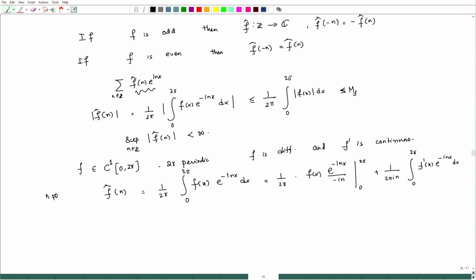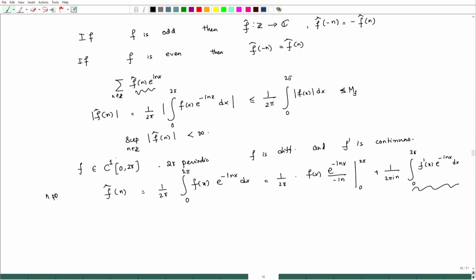Okay. Here, because f prime is a continuous function, this integral exists. That is why we are taking that it is in C 1, that means f prime is again a continuous function. Now, if we compute this, this is f of 2 pi; f is a 2 pi periodic function, and e to the power I n is a 2 pi periodic function.